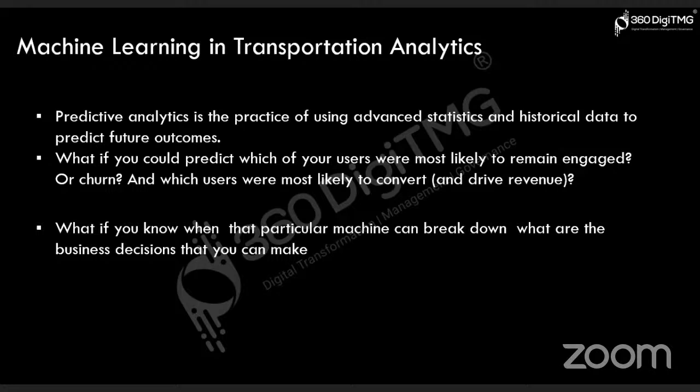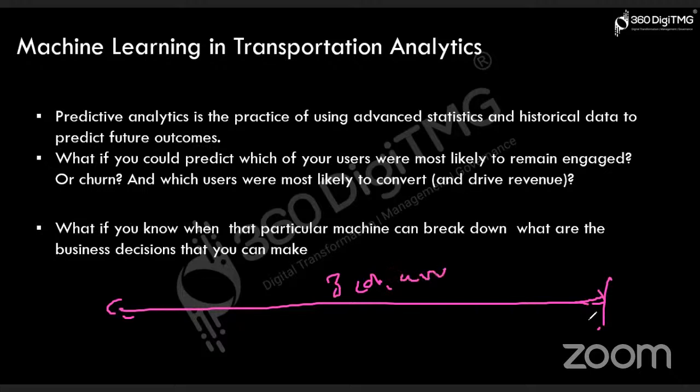Let's say we are going on some long road. You are transporting some heavy machinery from one place to another, a long distance, like 3,000 or 4,000 kilometers. In that case, whatever the vehicle or engine you are using, you should have an idea about that engine's details. Why?